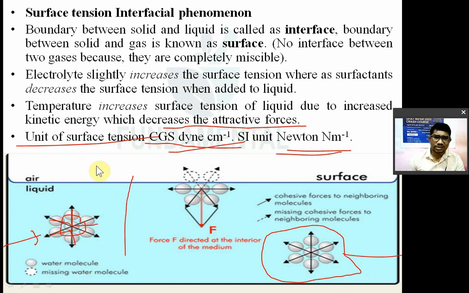Now consider this water molecule which is at a surface. ये जो surface के ऊपर molecule है वाटर का, उसको कौन सा force experience होता है? Which force is experienced by this water molecule?